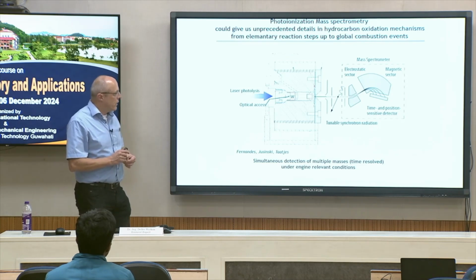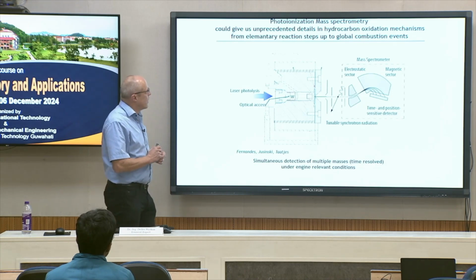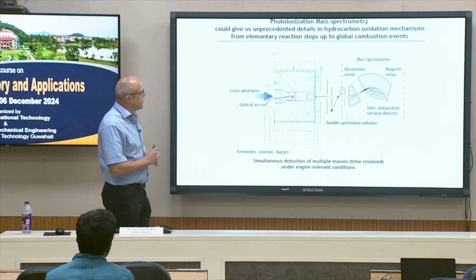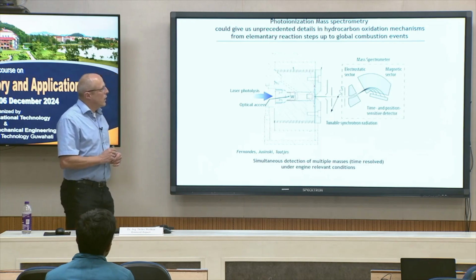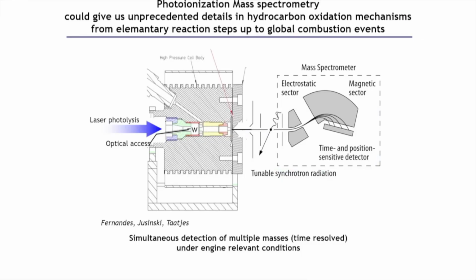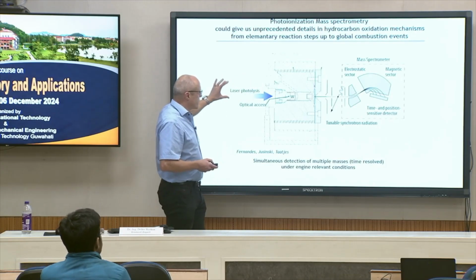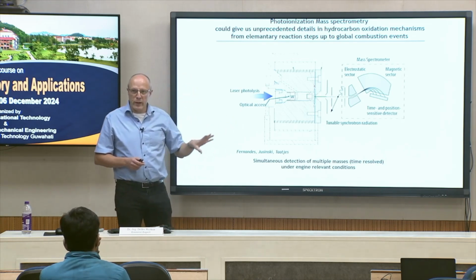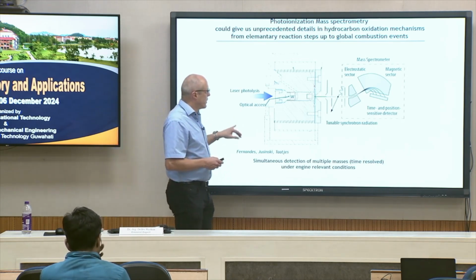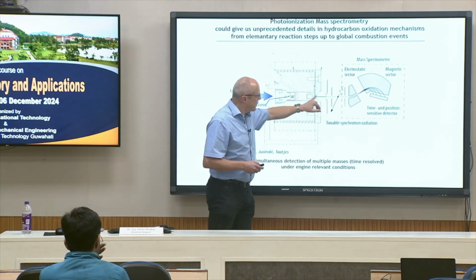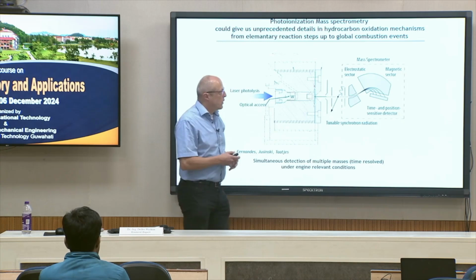And finally, we have the possibility to use a mass spectrometer, which of course gives very detailed information about what is happening inside our reaction zone. Here in this example, we have this flow reactor. We used again a laser to initiate the reaction. Then on the right-hand side, you see a mass spectrometer.